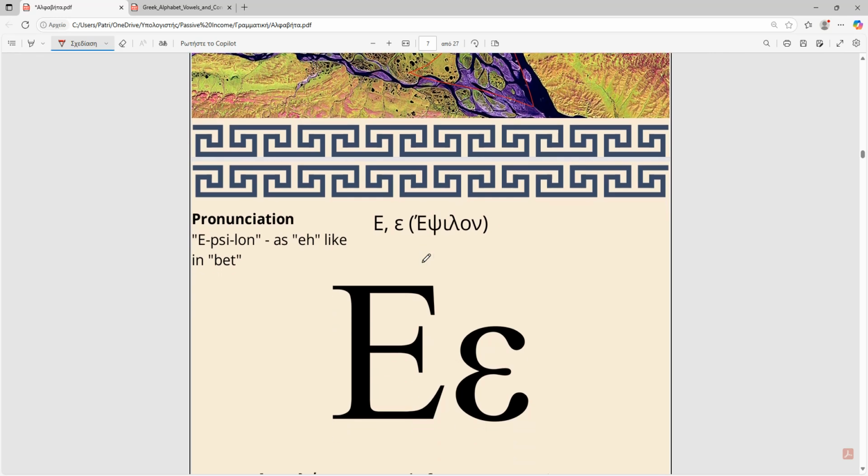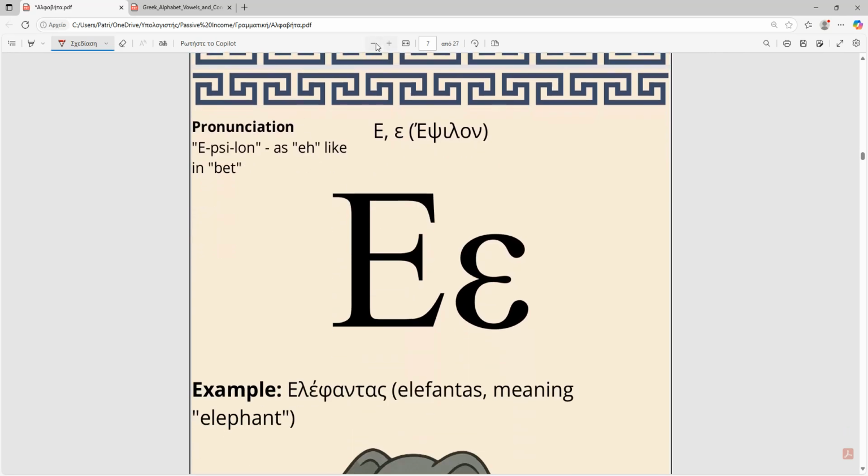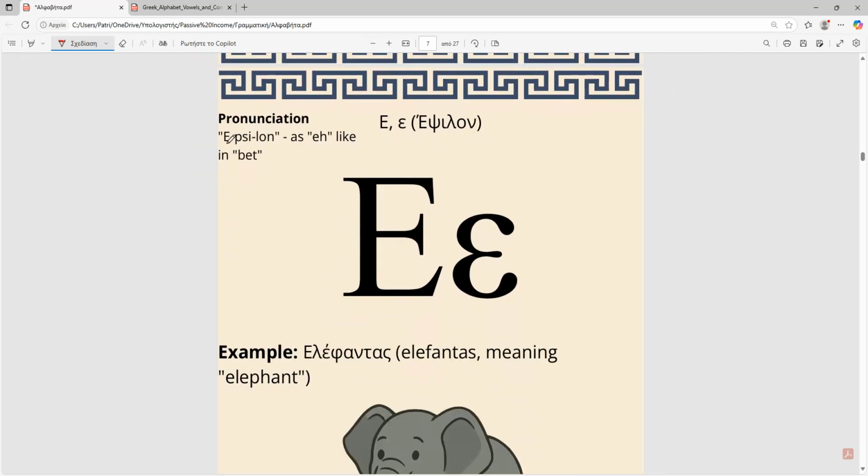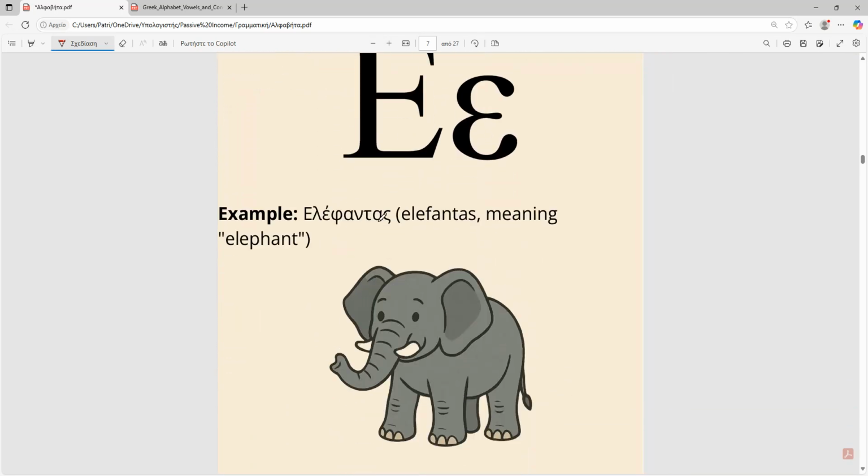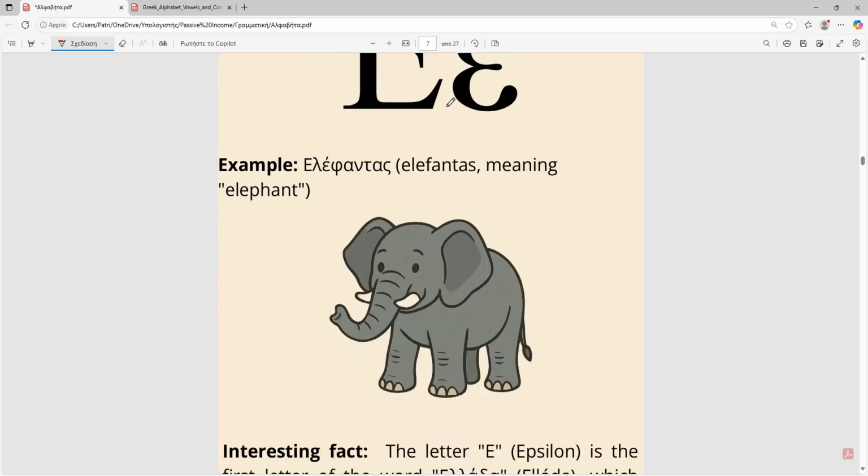Then we have the letter epsilon, and we can use the example elephantas. Elephantas, let's say it's the animal that I have seen in many languages, like elephant, for example, or in Italian elefante. And this is epsilon.